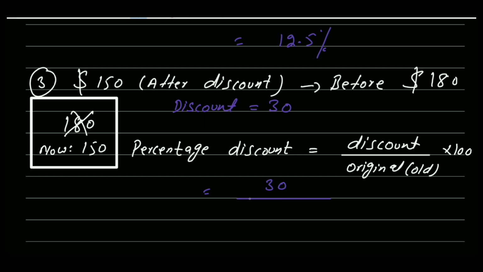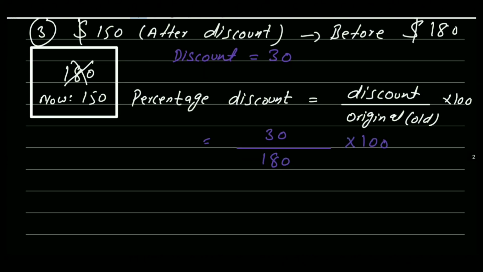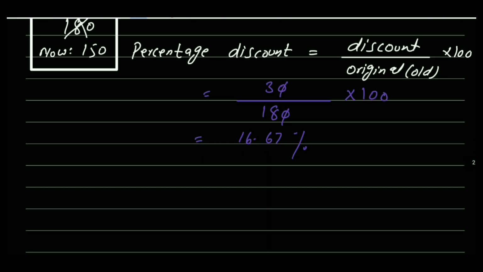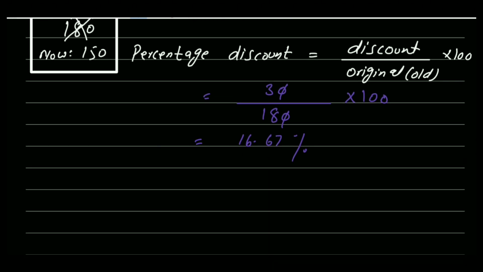The previous price was 180, so 180 multiplied by 100. This is the way you can find percentage discount, and you will simplify, and the final answer will be 16.67 percent.